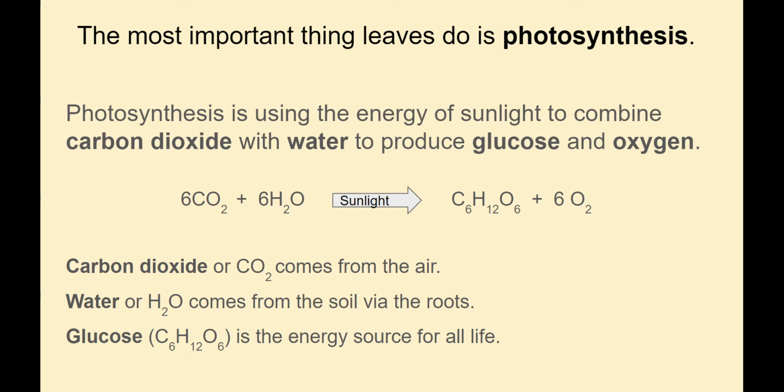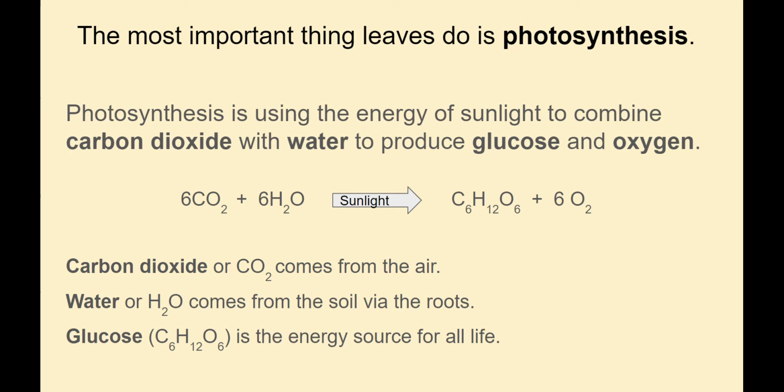The other part is water, and water is coming up through the roots from the soil, and it's carried up the shoot to the leaf, and now the water is available. The carbon dioxide is in the air or in the atmosphere, and it enters the plant through the stomata underneath the leaf. And we'll talk more about that.